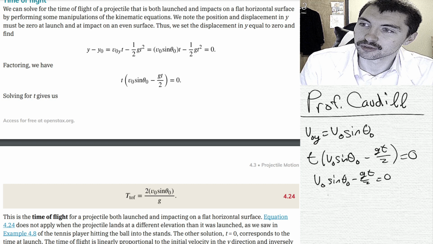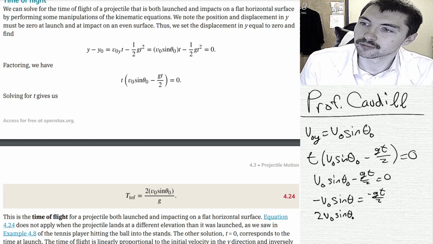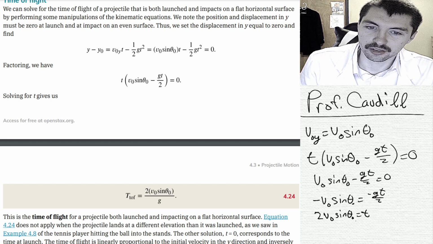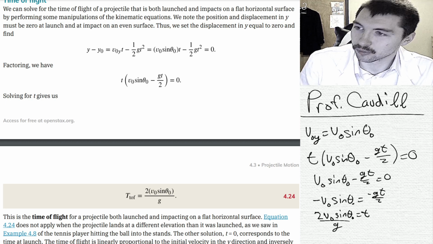So negative v naught sine theta, and you're dividing by 2, so 2 v naught sine theta over g. Is that what they get? They get over g. Okay, so yeah.